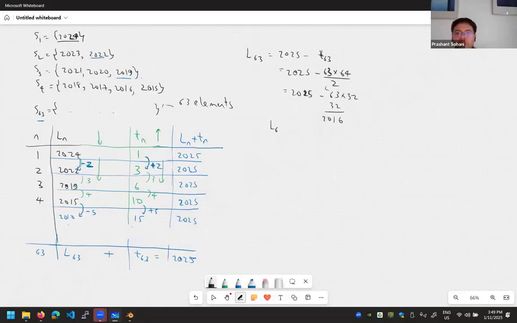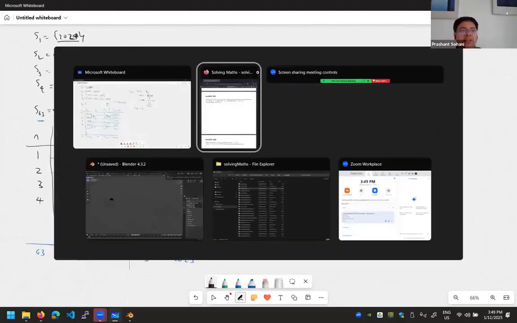Okay, so I get L63 as simply 9, which means the last element is 9.